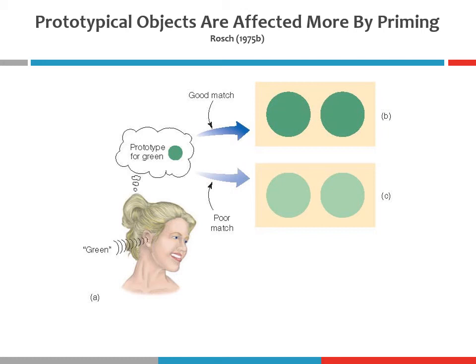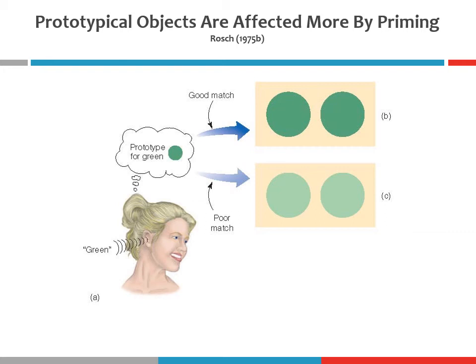Right? So the principle behind priming is that the prime, in this case the color green, will facilitate participants' response to a stimulus if it contains some of the information needed to respond to the stimulus, right? So the prime is informative when the good greens are presented, or when the prototypical greens are presented at the test, but not when the less prototypical greens are presented.